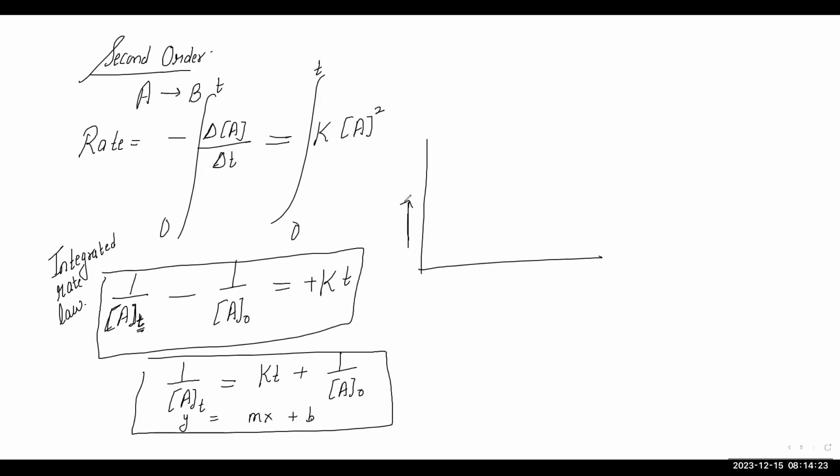So what is here on this axis? 1 over A t. What is here? Time. Good. And the line will go with a positive slope. The slope of the line is k. What is this point? Y-intercept, 1 over A naught.